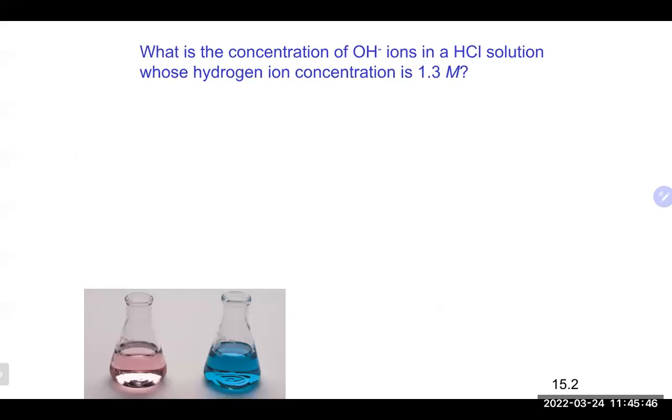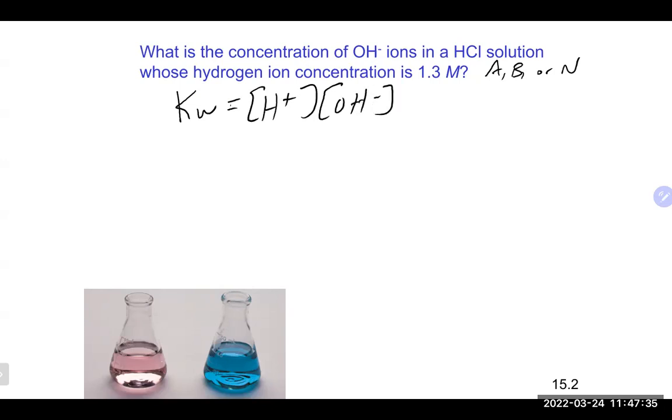So why don't we give one a try here? What is the concentration of hydroxide in an HCl solution that has a hydrogen concentration of 1.3? Okay, let's take a look. We have our Kw that we want to use here, which is the concentration of H plus times the concentration of OH minus.